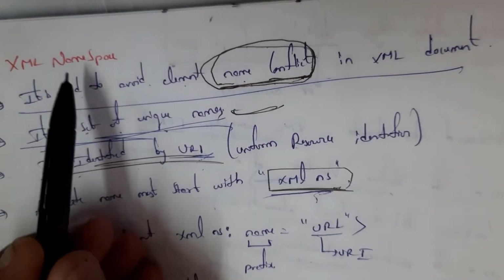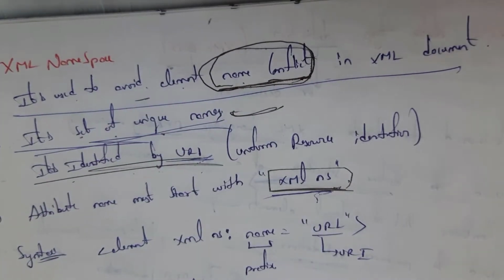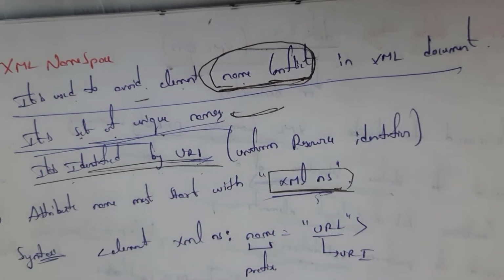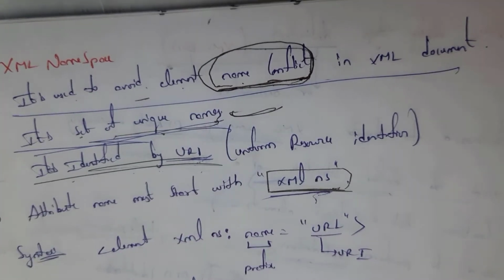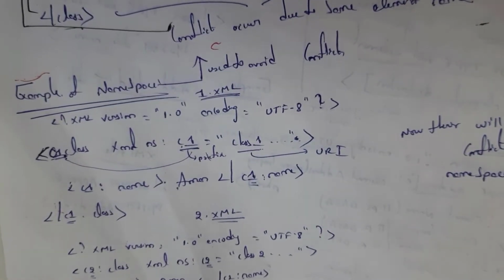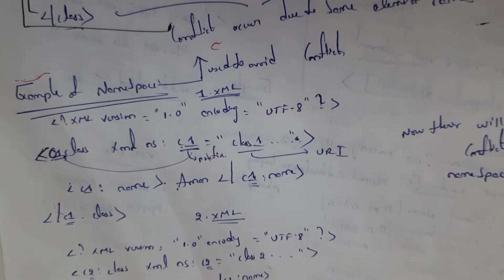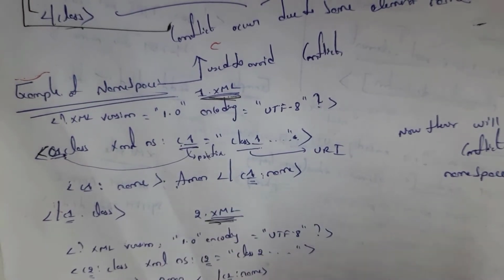So this XML namespace is used to avoid this naming conflict in XML documents. How does it avoid name conflicts? By setting unique names. See this example of how namespaces avoid these naming conflicts. First, there is one XML document and this is the second XML document.